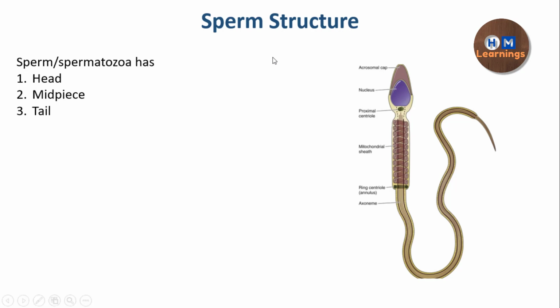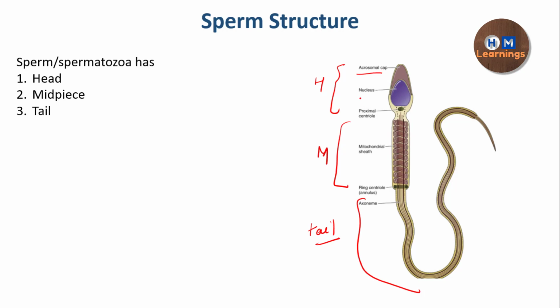You can see it has three parts: head, midpiece and tail. This is the head, this portion is the midpiece or middle piece, and this portion is the tail. The head has the acrosome, also called the acrosomal cap because it appears to be capping the nucleus, and also called the acrosomal vesicle.